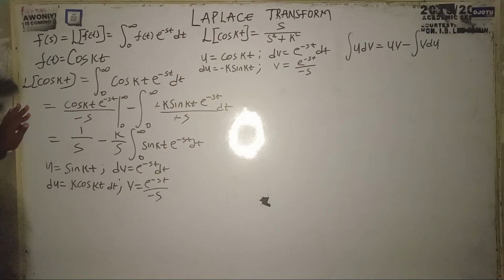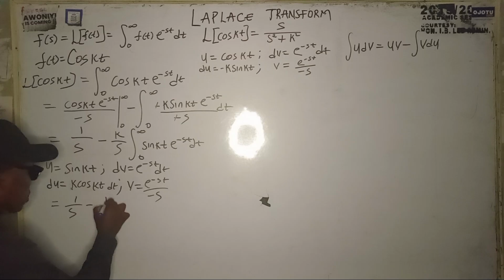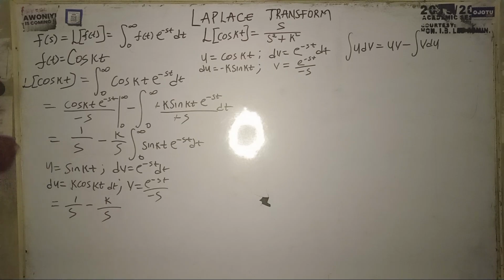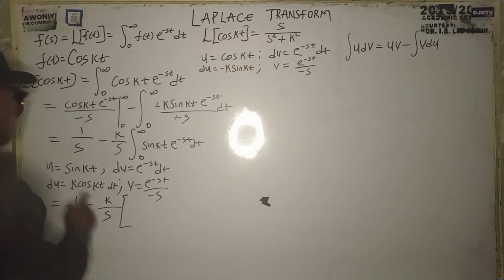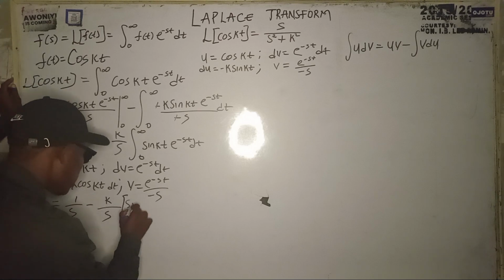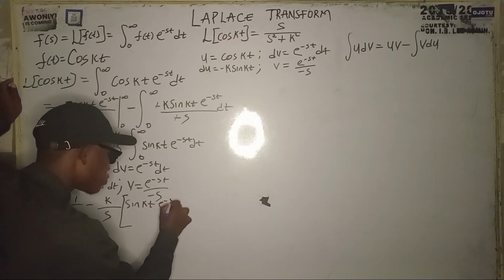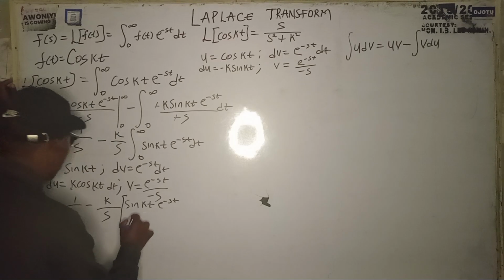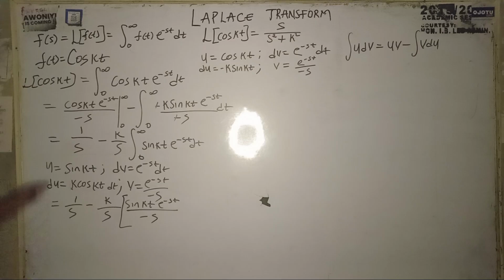We have this equal to 1 over s minus k over s, and this integral right here, let's put it into brackets. We have uv, that is sine kt times e raised to the power minus st over minus s.